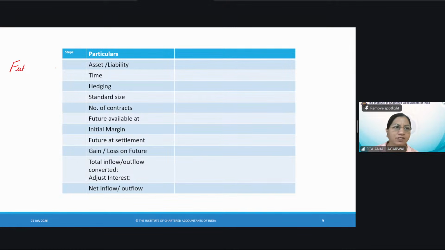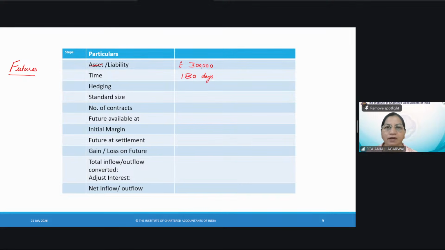So how does futures work? Let's see this. Here, if we look at the previous question, there was a liability of 300,000 pounds. After what time is this liability to be paid? 180 days or 6 months.